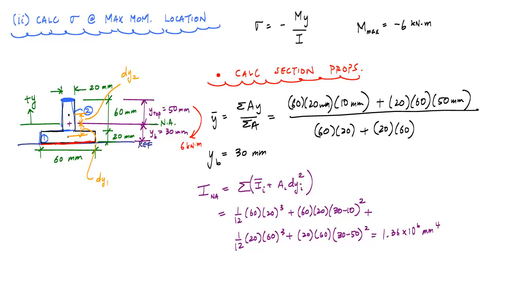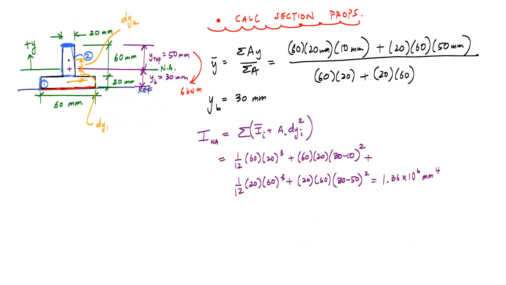At the top, when I want to calculate the normal stress at the top of my section, sigma top, I have this formula: minus M max times y top over I. The reason that this y top is positive is because it's up here, a positive distance from the neutral axis.